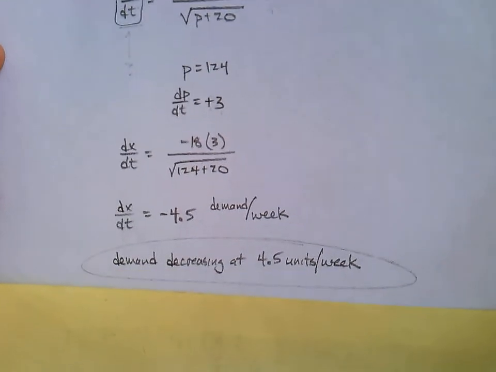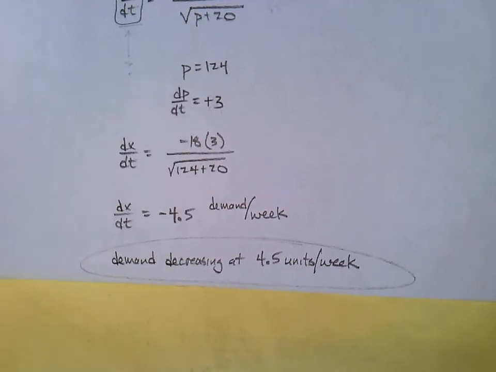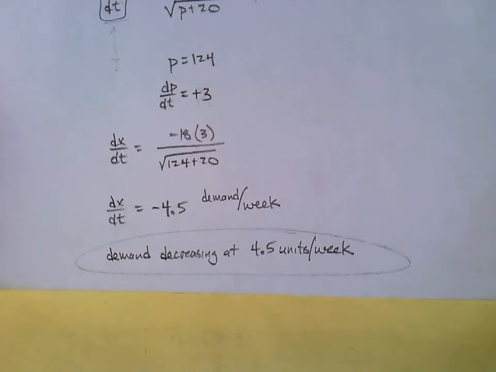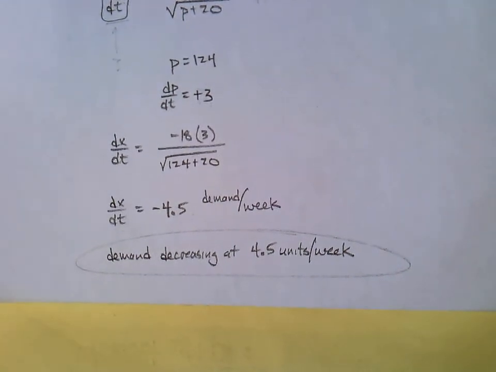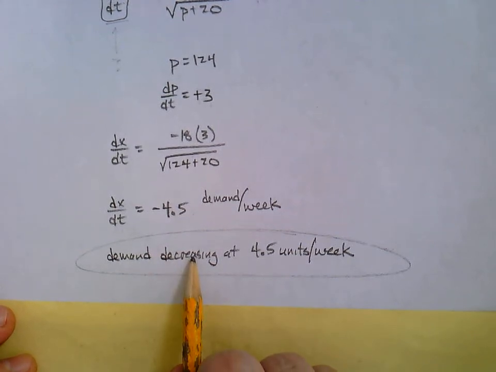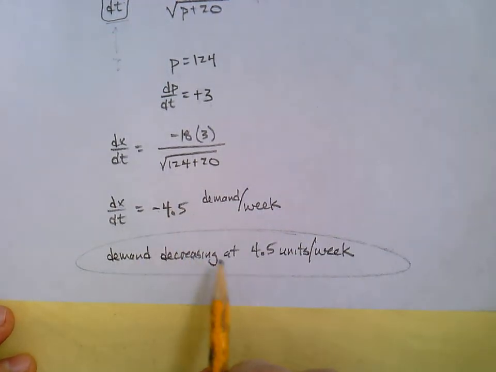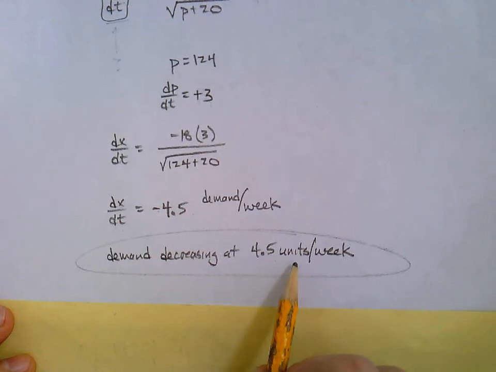They're losing 4.5. If you wanted to be a little bit more clear what that means, the demand is decreasing, because it's negative. It's decreasing at 4.5 units per week.